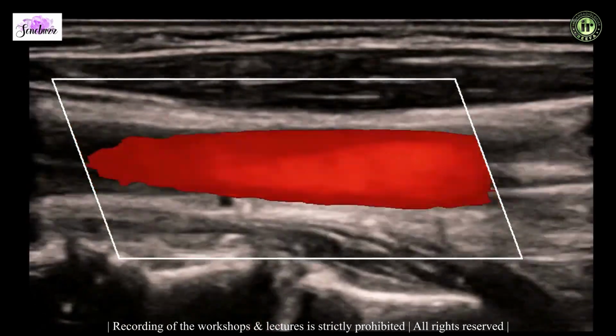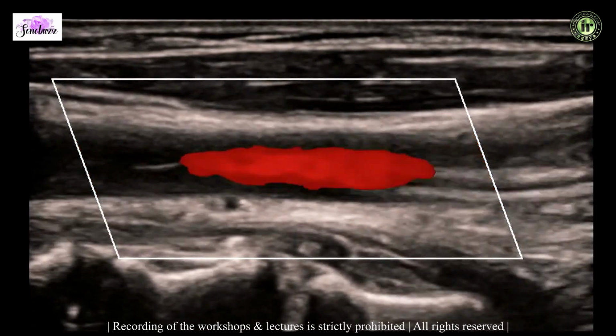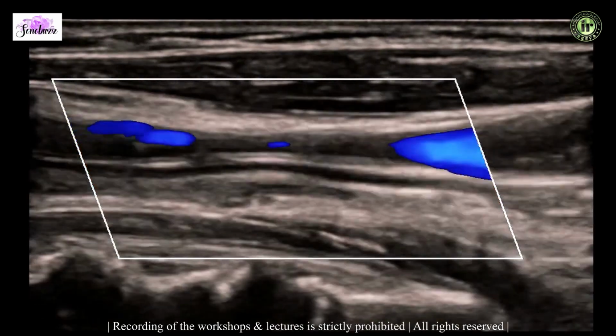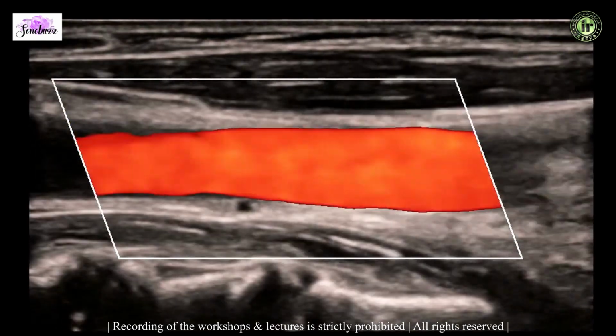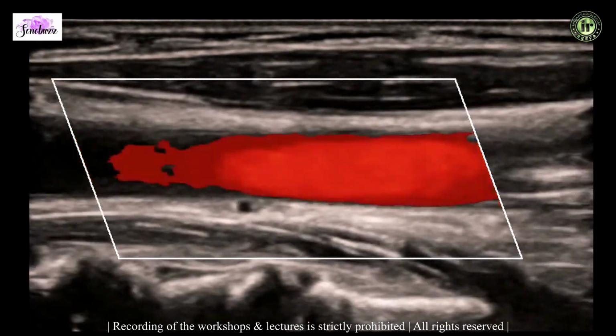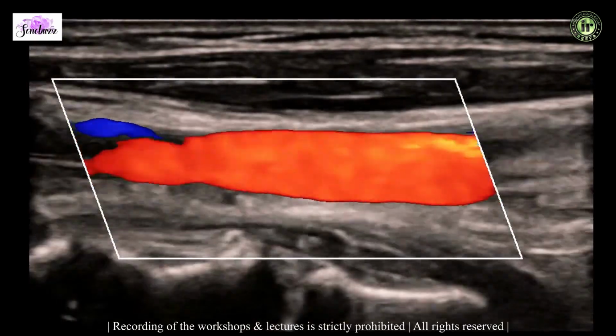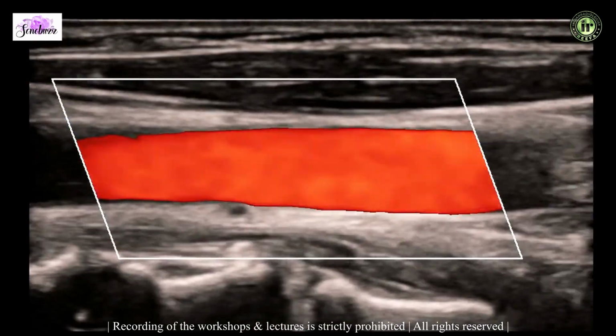So when you're looking at the actual length, color helps you create that negative contrast with the plaque, therefore allowing it to be seen very well as a hypoechoic filling defect within the color filled lumen of the vessel.